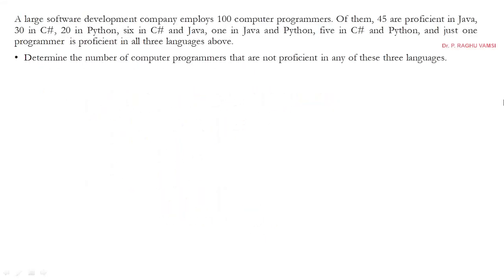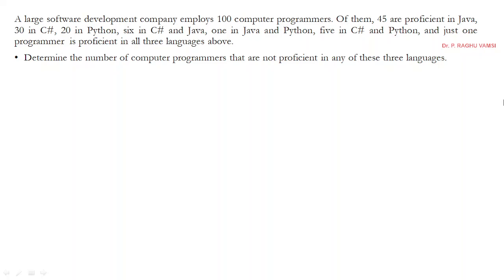We'll see one more example related to inclusion and exclusion, with respect to the representation of a problem from the computer science point of view. A large software development company employs 100 computer programmers.